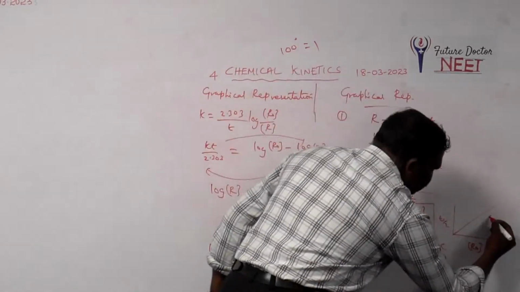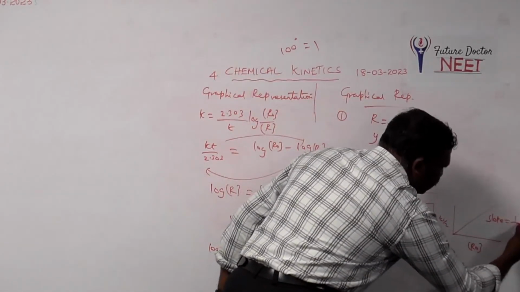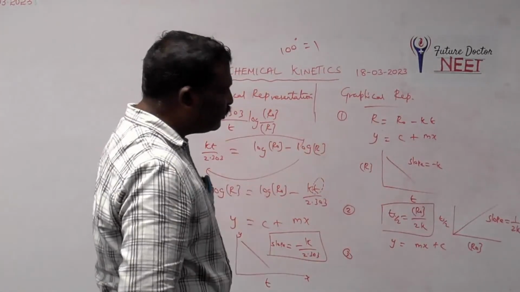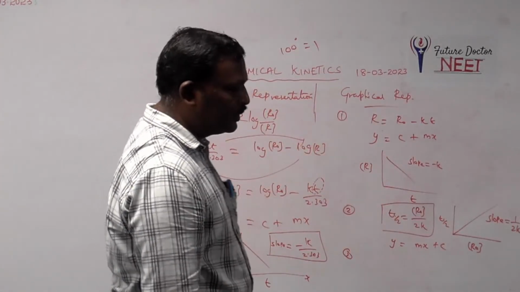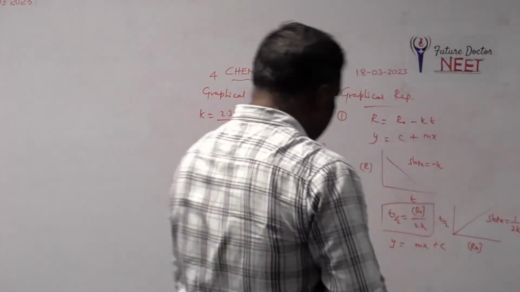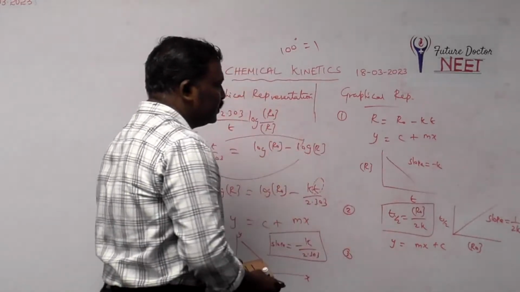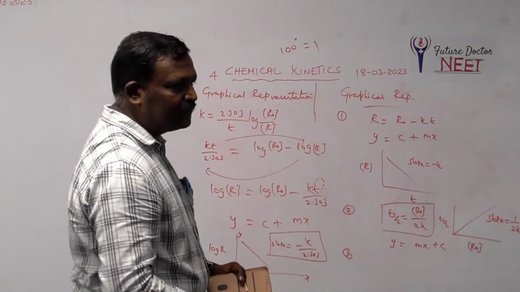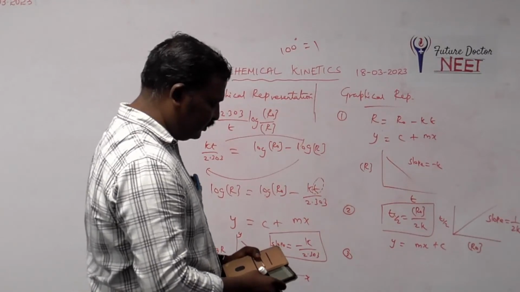Very good. The slope is 1 by 2k. Write down. We have some slope, but intercept 0.